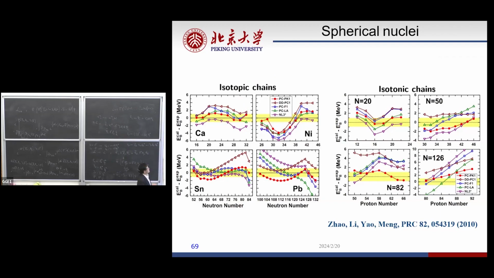You will see the PCPK1 is almost in this shaded area, right? This is for N equal to 20, 28, 50, 82, and 126 isotone chains. Again, they are almost in the middle.